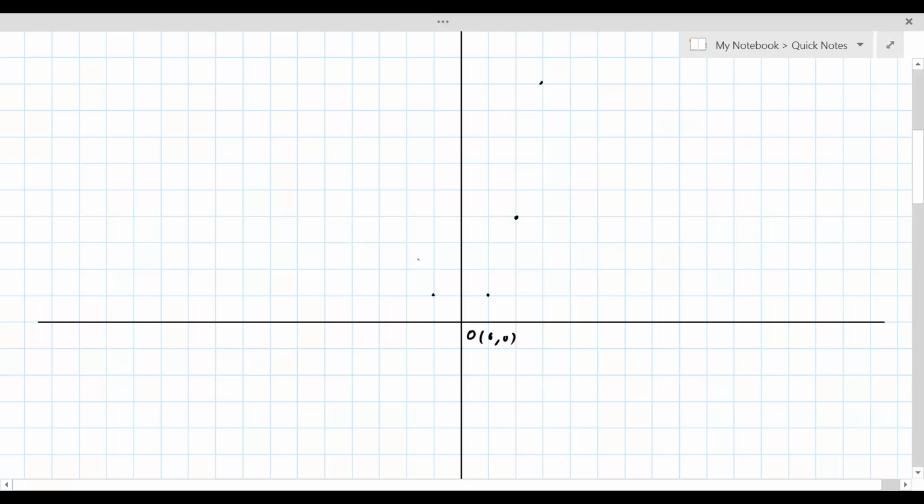So there will be a point here, then a point here, and then a point right here. And we can draw the graph of the given function. So here is the graph for the given values, and this is the equation y is equal to x square.